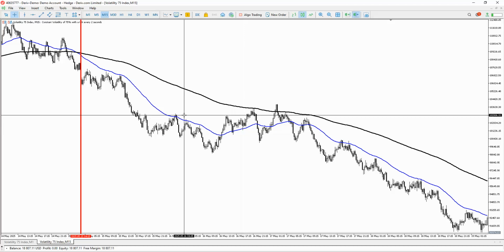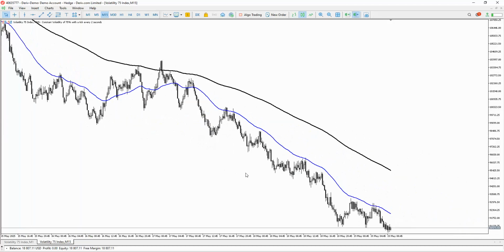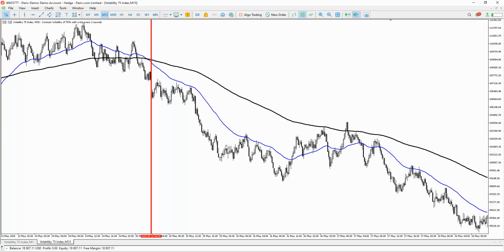I would prefer touching the 50 period and going down, because most times the 50 period acts more as a resistance to the market than the 100 period does. So get a rejection from the 50 period, it makes a new low, you move your stop loss there.